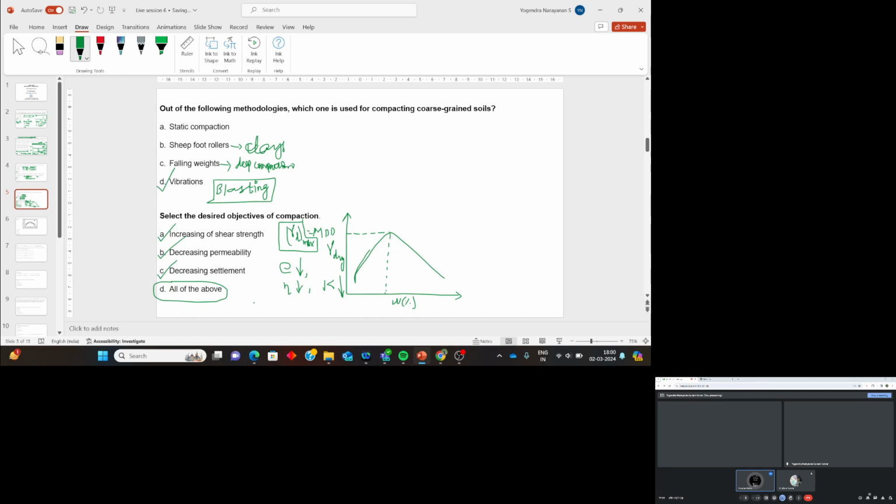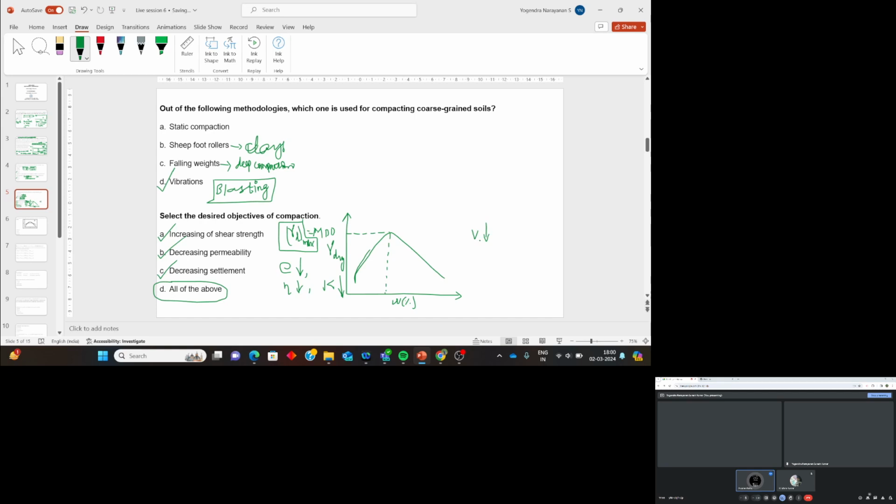Sir, what are the reasons for settlement? See, why is settlement caused? I think improper ground surface. Essentially, it is volumetric deformation, right?